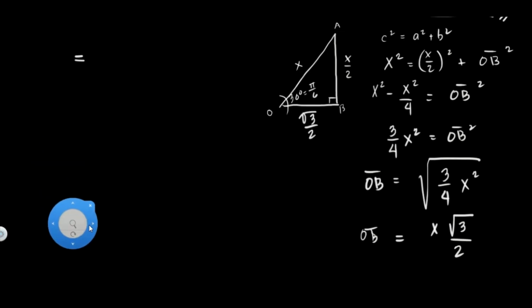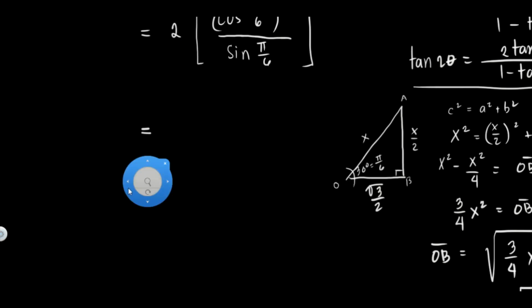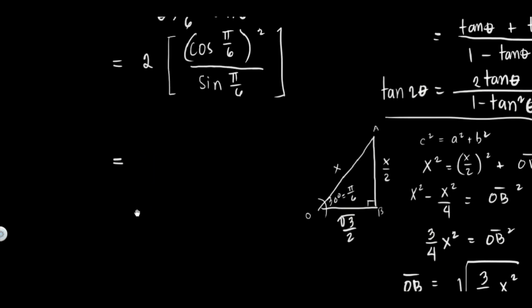Now, going back to this, masosolve na ngayon natin yung pi over 6, na cosine pi over 6 and sine pi over 6. Okay, so 2 multiplied by, what is cosine pi over 6? Adjacent over the hypotenuse. Okay, adjacent is square root of 3x over 2.